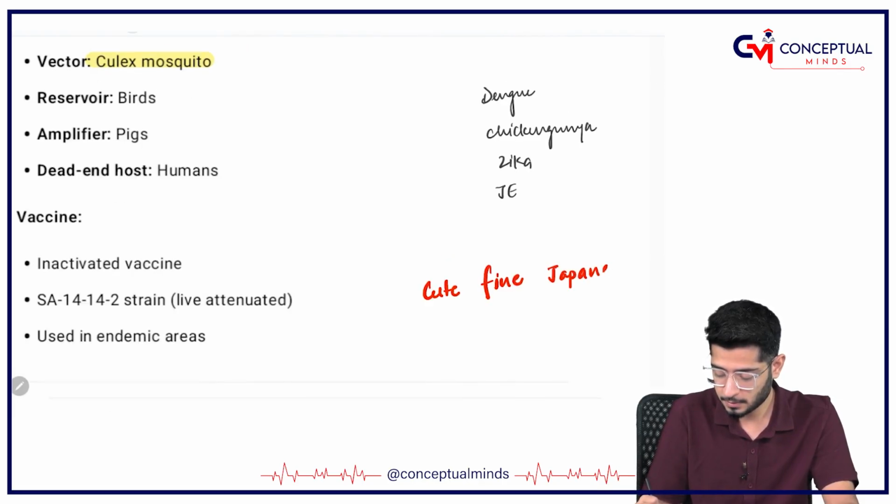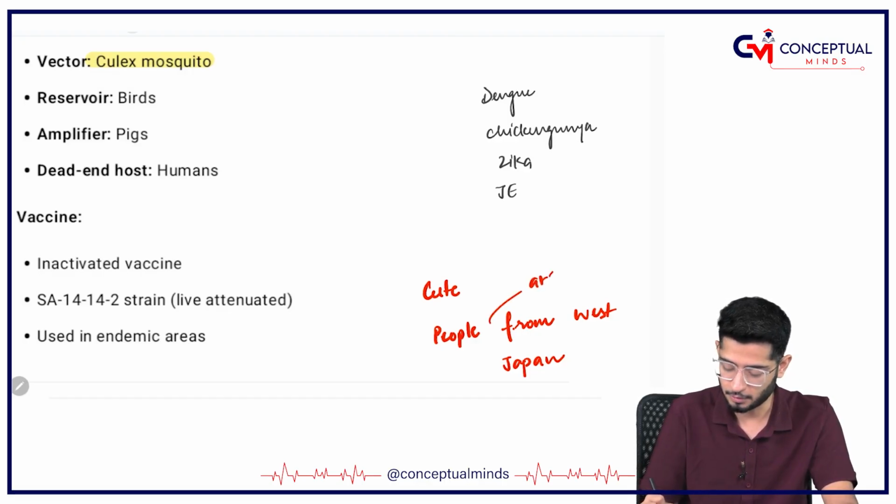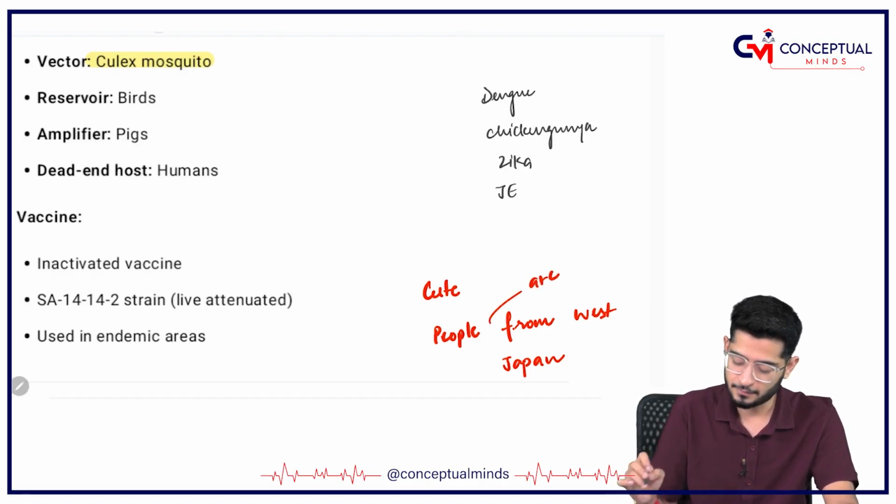Japanese people from West Japan. Okay, so let me make it very simple. Cute people are from West Japan. Yeah, this is good to go. So cute means Culex.